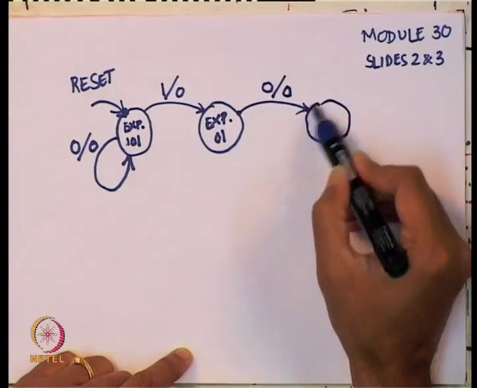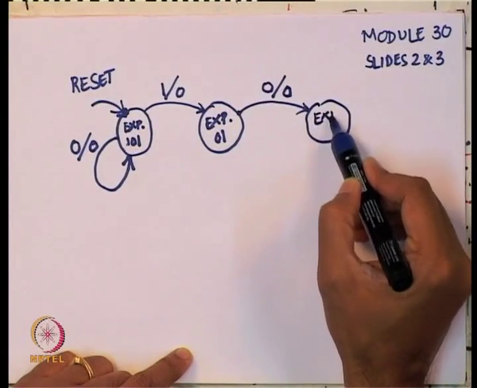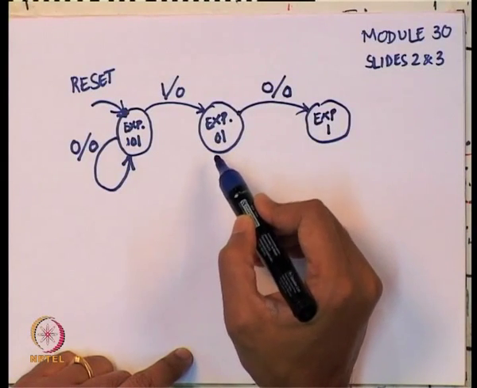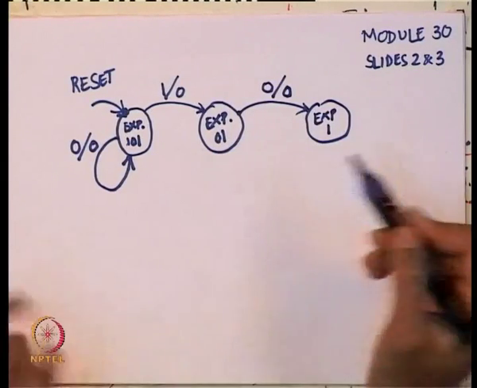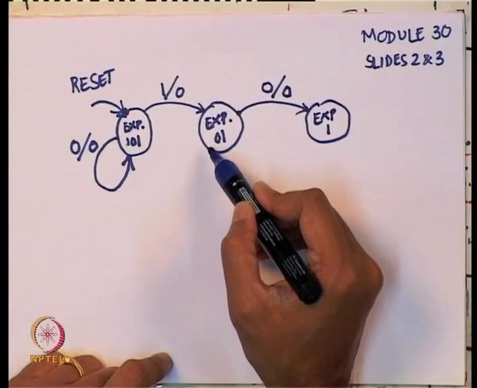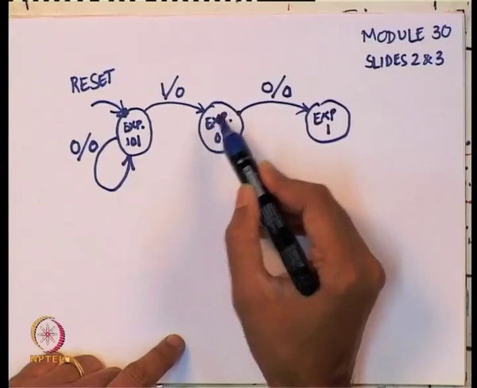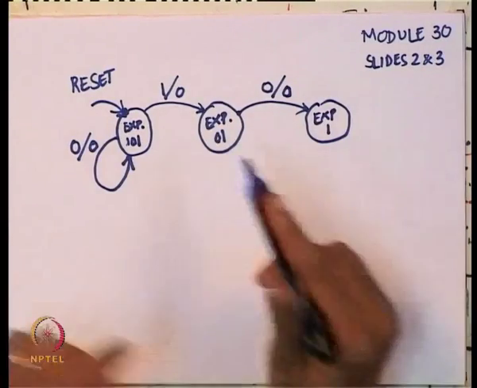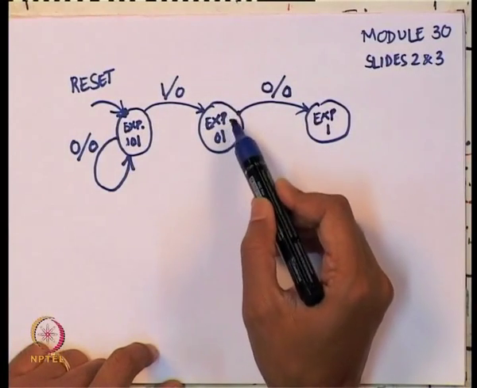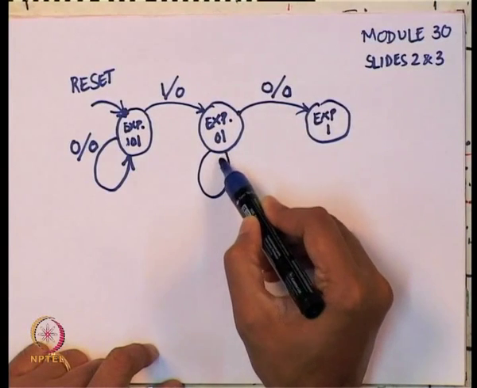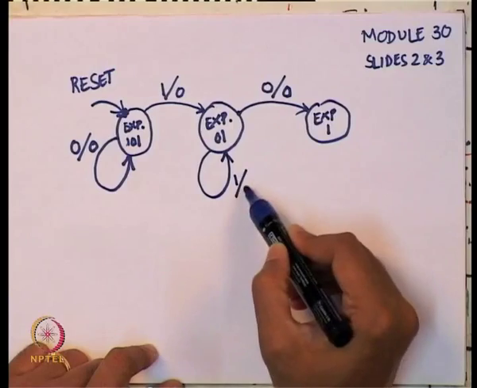So I can go to a state which says expecting 1, just 1. However, if I now get a 1, then there are choices, where should I go? The easiest thing to do is, this one is expecting a 101, so the whole sequence is 101, from here you are expecting 01 anyway. So if I get a 1, I could just loop back to itself, this is not going to change anything.